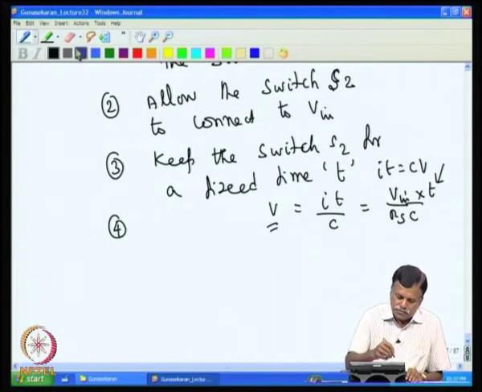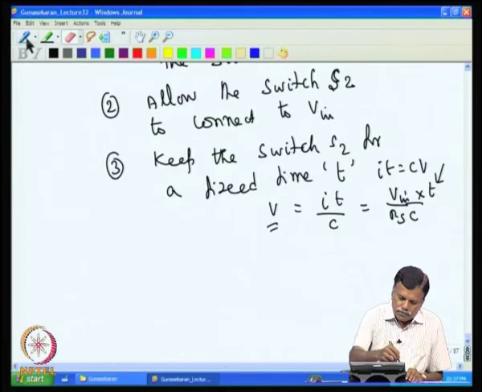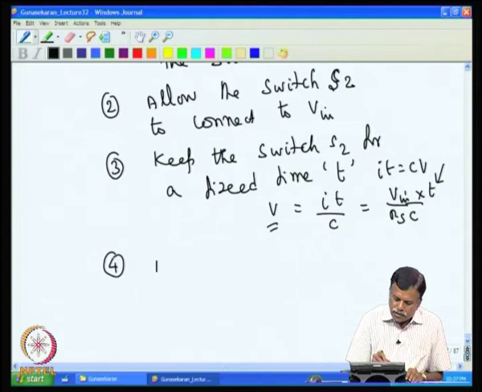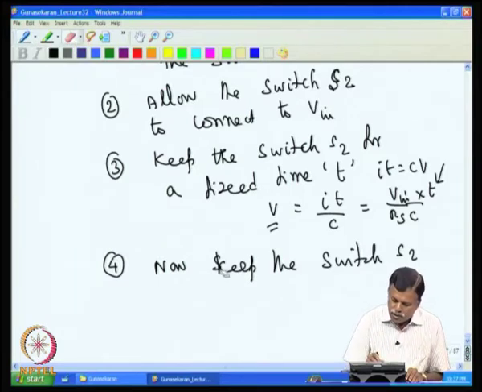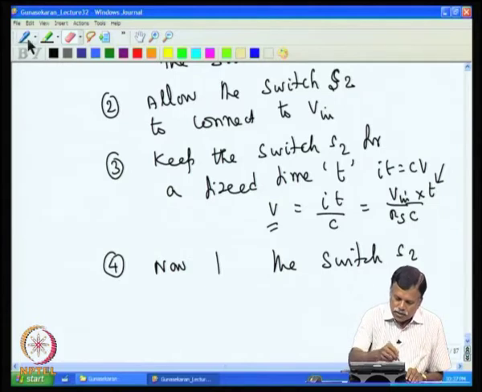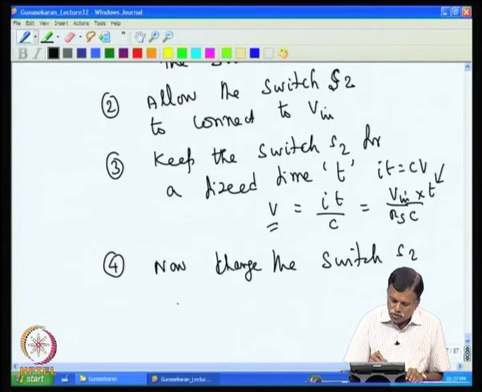Then the next step would be, now change the switch S2 to minus V reference.